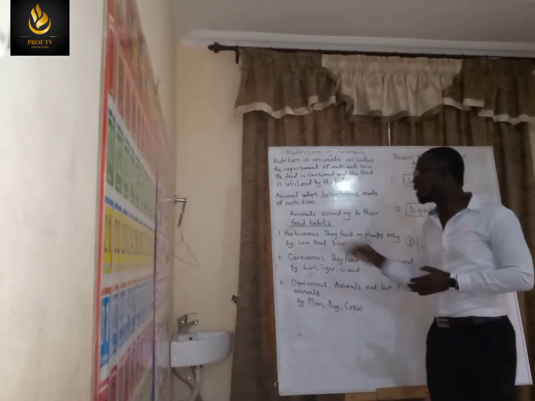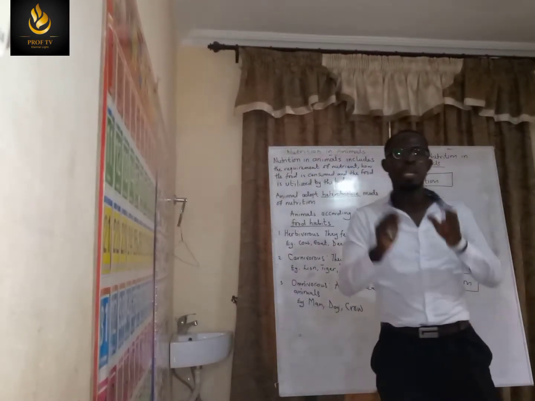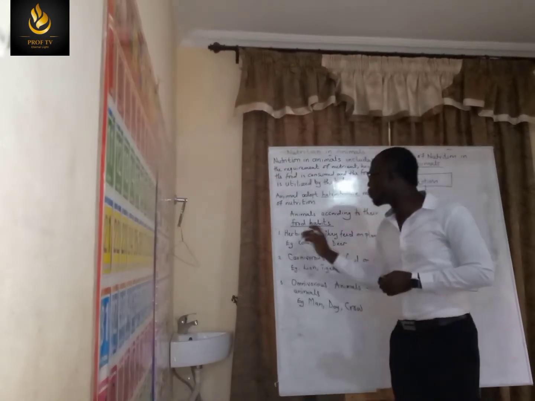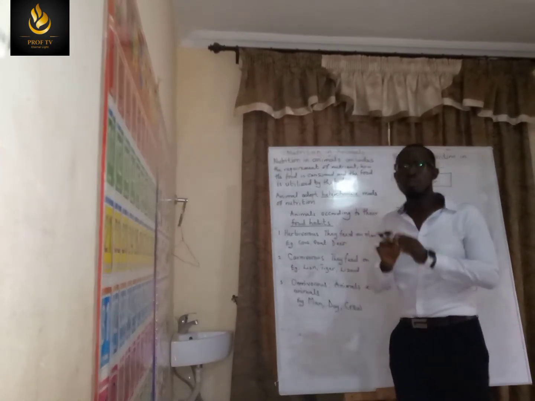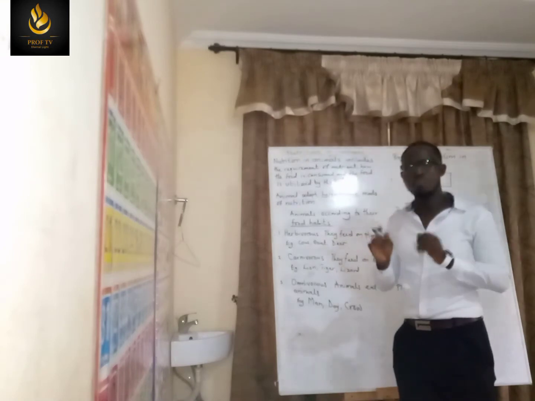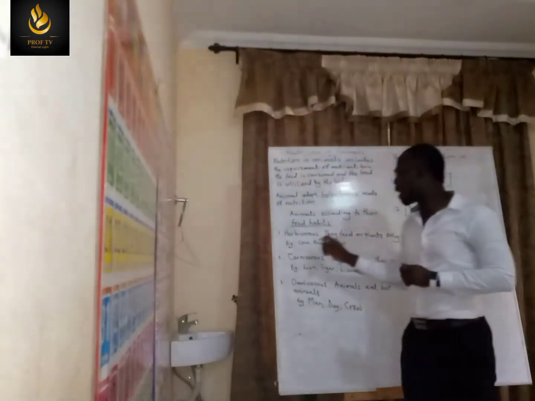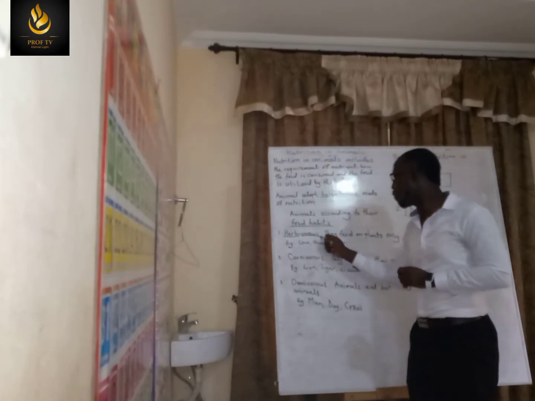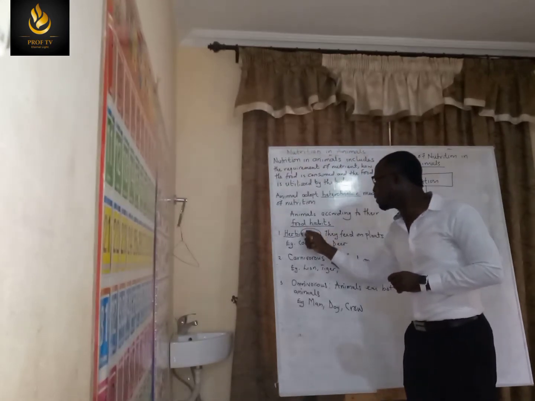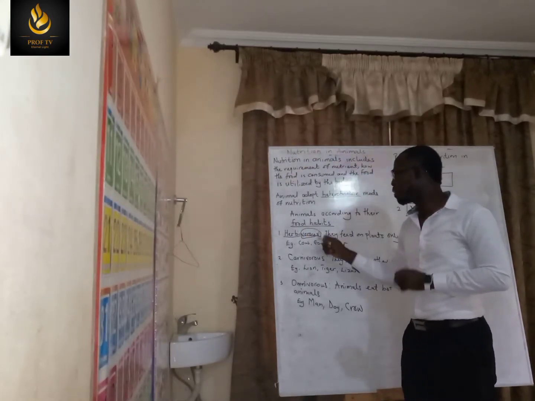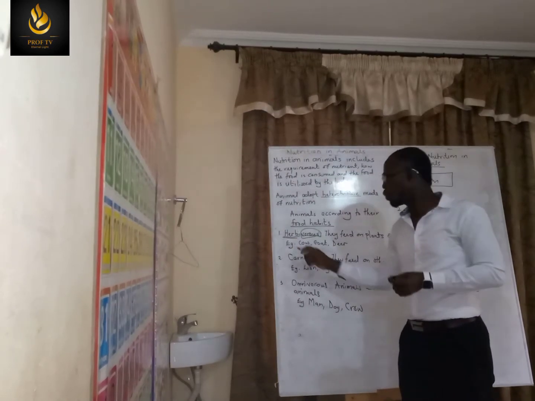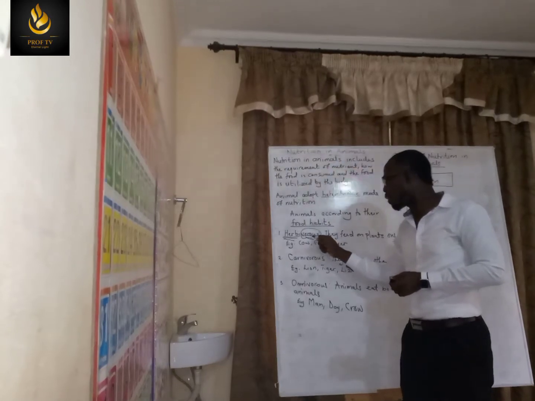The first one is herbivorous. Animals that are herbivorous usually depend on plants only for survival. So if we can break it down, we have herbs and then vorous. The vorous means consuming, eating, and herbs means plants. So plant eaters, okay?